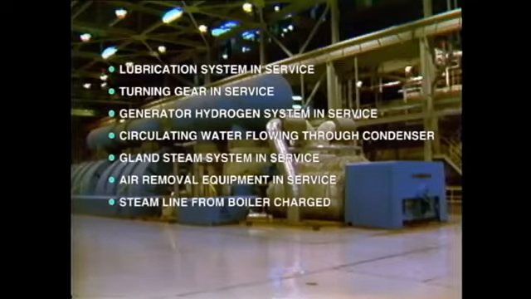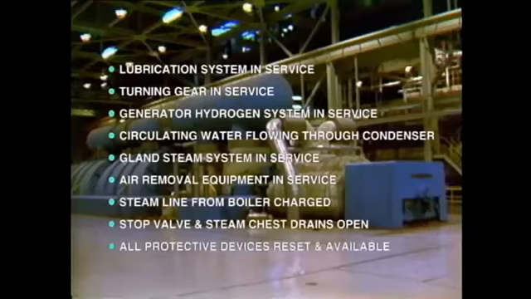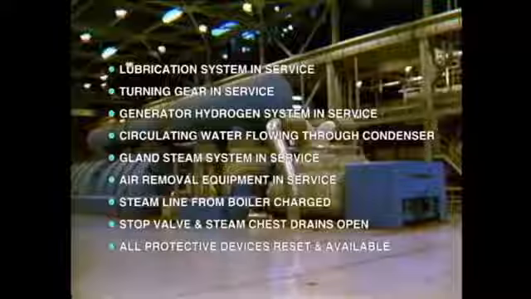Steam line from the boiler charged and turbine stop valve open to charge the steam chest. Stop valve drains and steam chest drains open to ensure removal of any water, that is, condensate, and all protective devices reset and available.